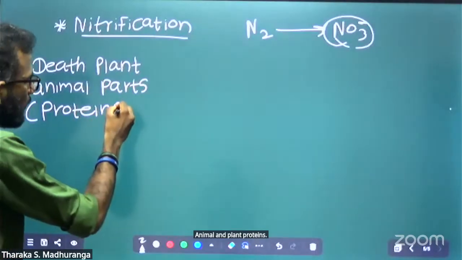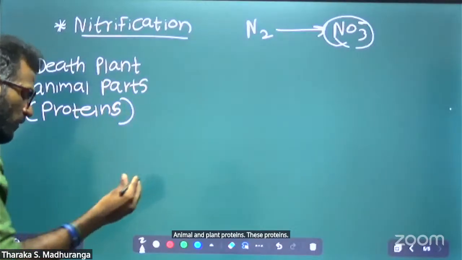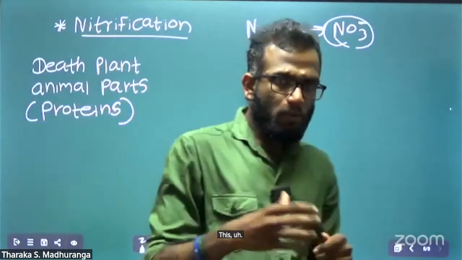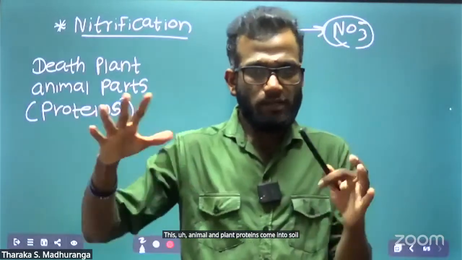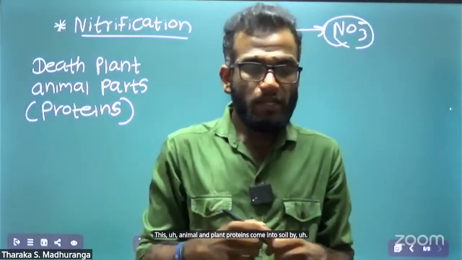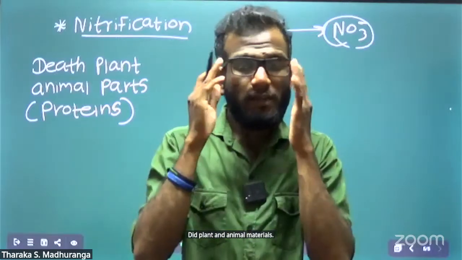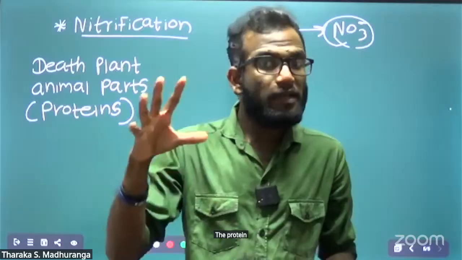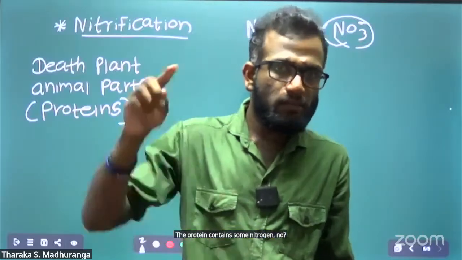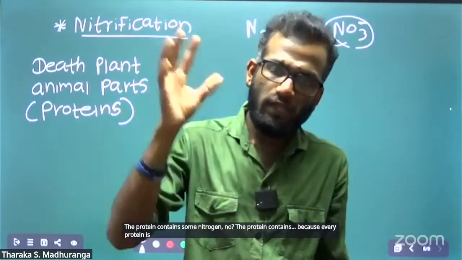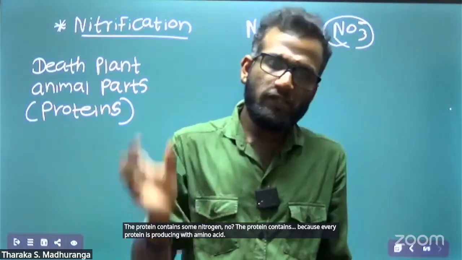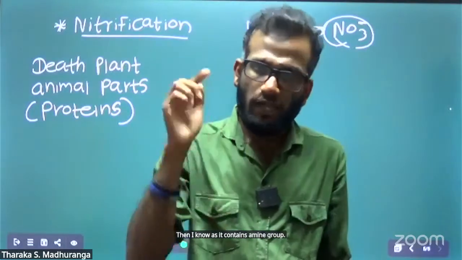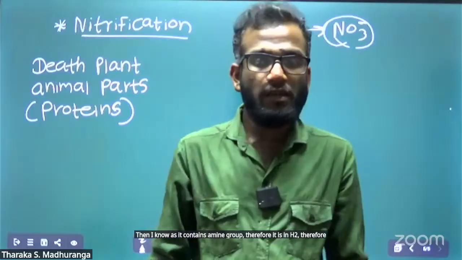These animal and plant proteins come into the soil through dead plant and animal materials. You already know the protein contains nitrogen, no? Every protein is produced from amino acids, and amino acids contain an amine group, NH2, therefore it contains nitrogen.